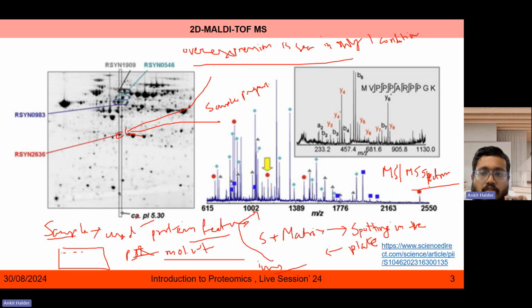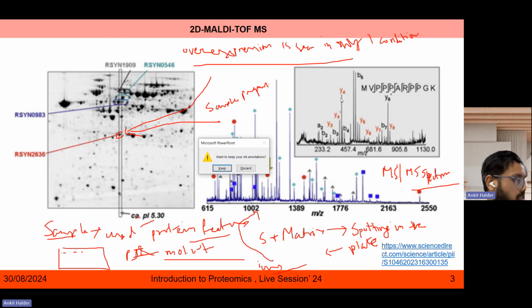After we get this spectrum, you can identify the particular peptide. We will see how we identify this in the hands-on session, which we will do just now with one data file. We will try to get this going.